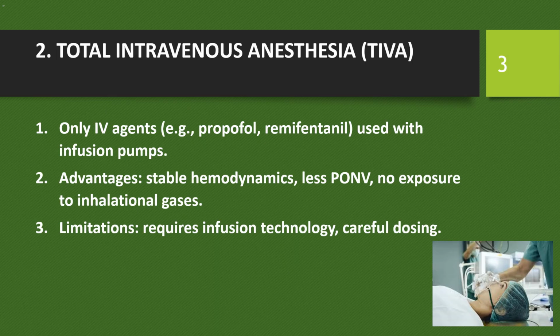TIVA offers several benefits, including stable blood pressure, reduced postoperative nausea and vomiting, and avoidance of inhalational gases. 3. Limitations: requires infusion technology, careful dosing. TIVA requires specialized equipment and careful dosing to ensure safe and effective anesthesia.